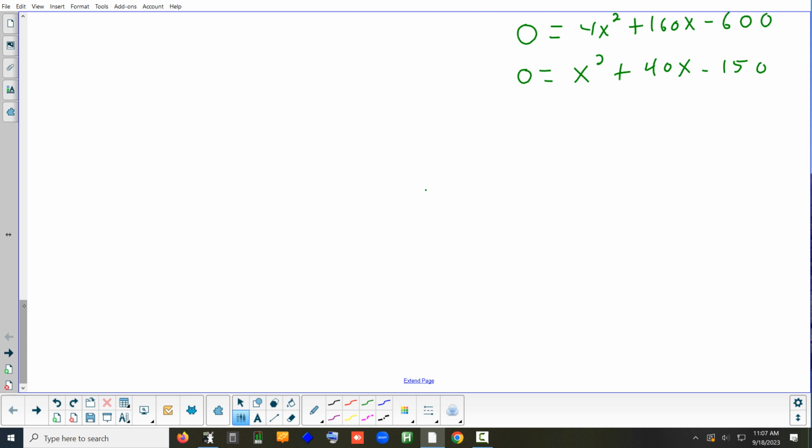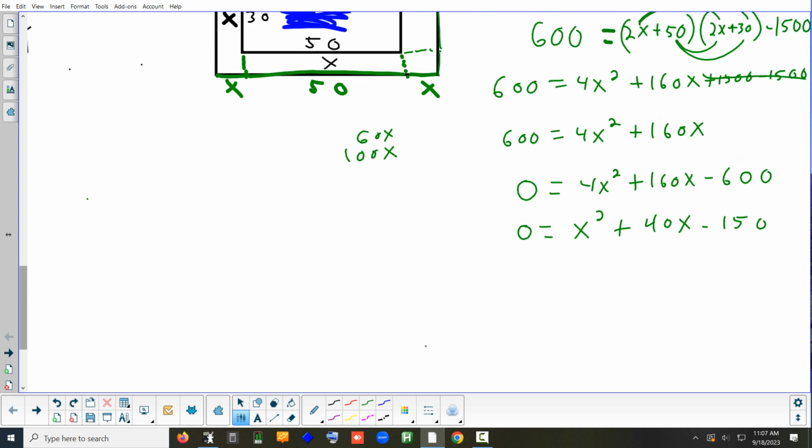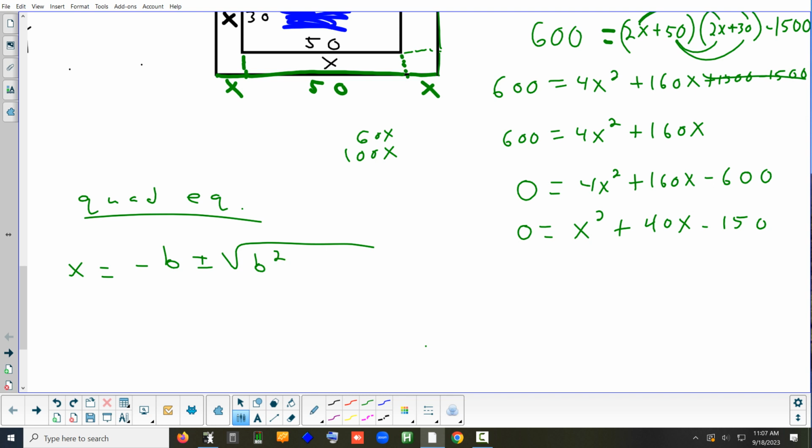Okay, so here's the equation we have to solve. And the formula we're going to use is the quadratic equation. This isn't really a whole lesson about how to use the formula. Hopefully you remember it a little bit. Does anybody remember how it starts? Yep. x equals negative b plus or minus the square root of b squared minus 4ac, all over 2a. Perfect.